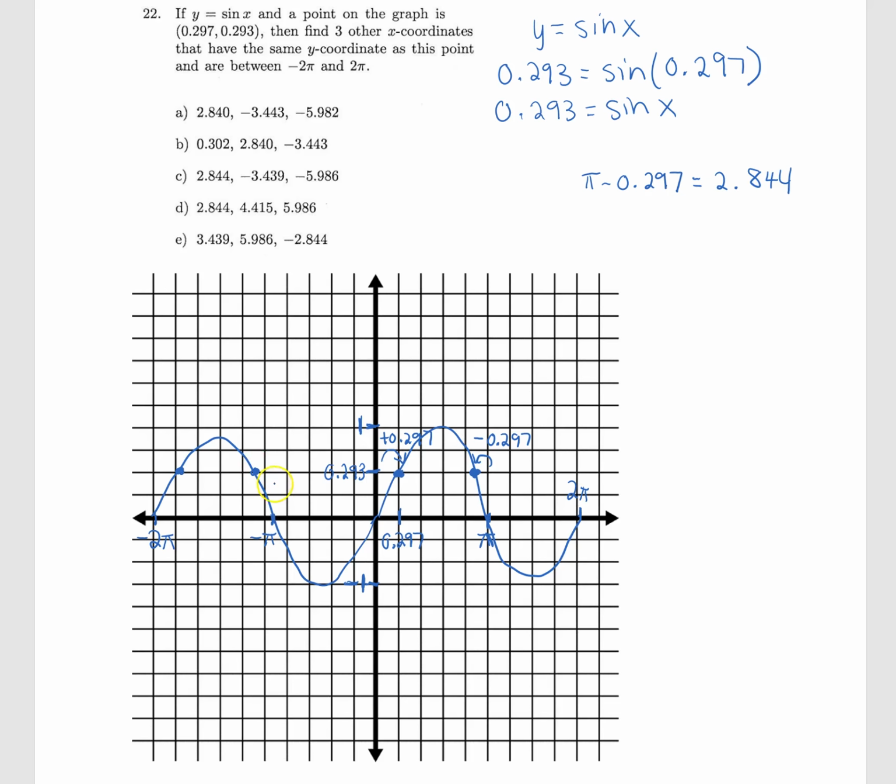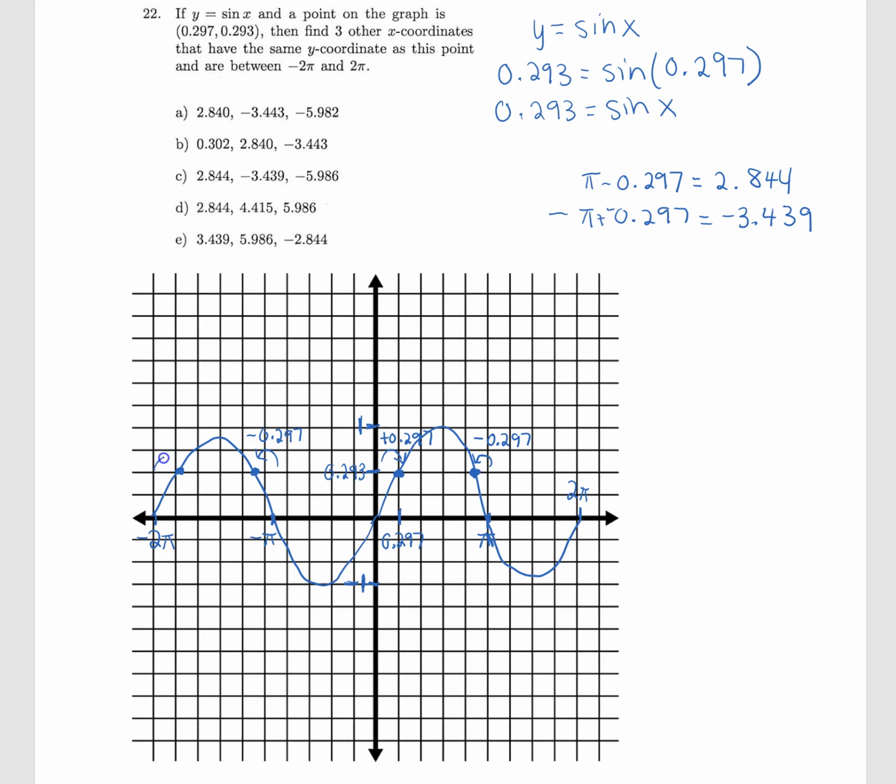All right, so let's find these other 2 points in a similar way. In this point, we've gone down from -pi by 0.297. So you've subtracted 0.297. So in this case, we have -pi minus 0.297, which when you put it into your calculator gives you -3.439.